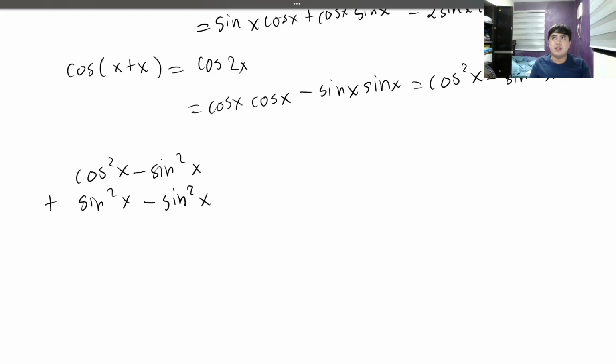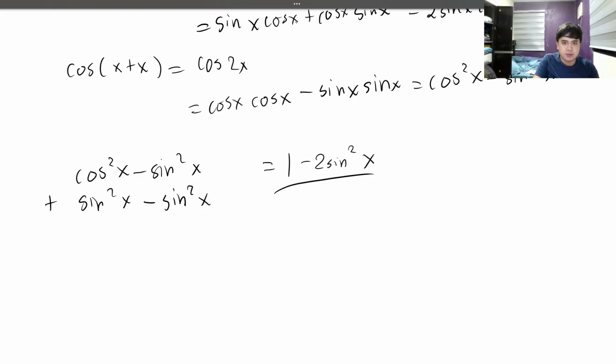So in essence, we're adding 0 here, so we're not actually changing anything about the original equation, right? So cosine squared plus sine squared becomes 1. The negative sine squared minus sine squared is negative 2 sine squared X. And that's one of them, right?